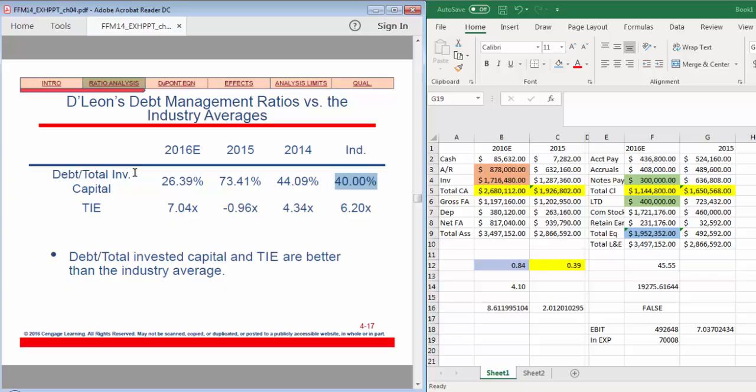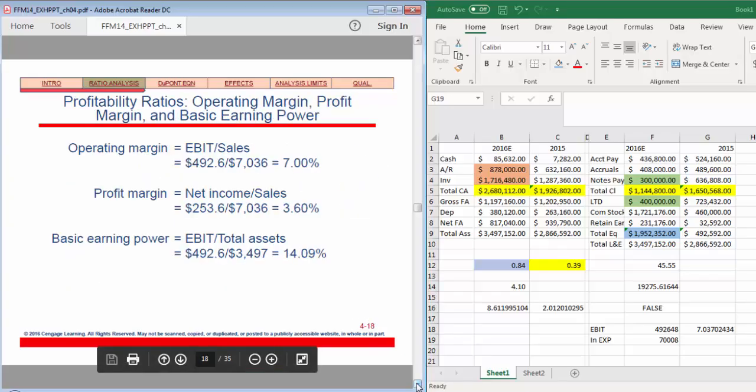So total invested capital is the combination of the total debt plus the owner's equity, and debt is just debt. Both of these numbers look better than the industry average.